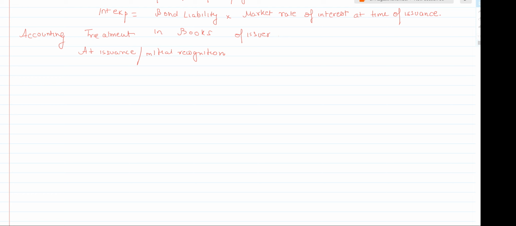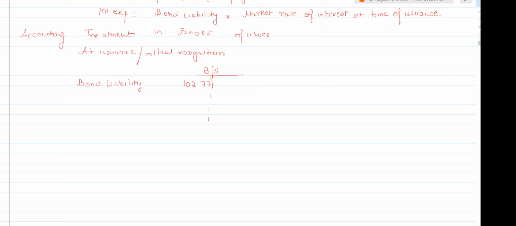So at initial recognition, my balance sheet would be something like this. I would book a bond liability which is equivalent to the issue proceeds that I received, because this is nothing but a loan that I am taking from my investors. So I book a bond liability of 102.77, right?